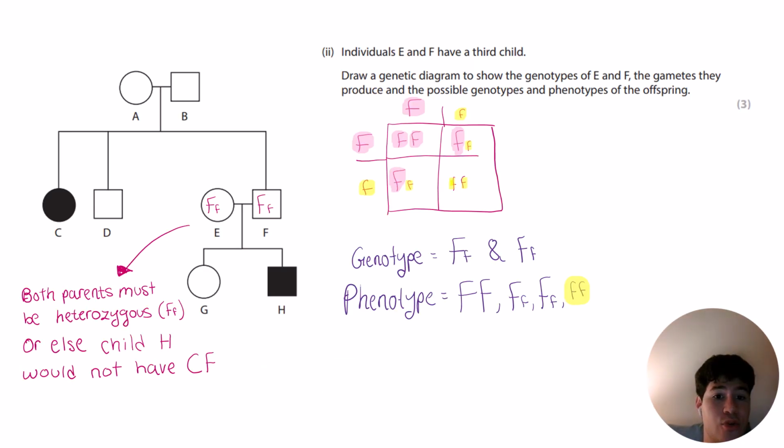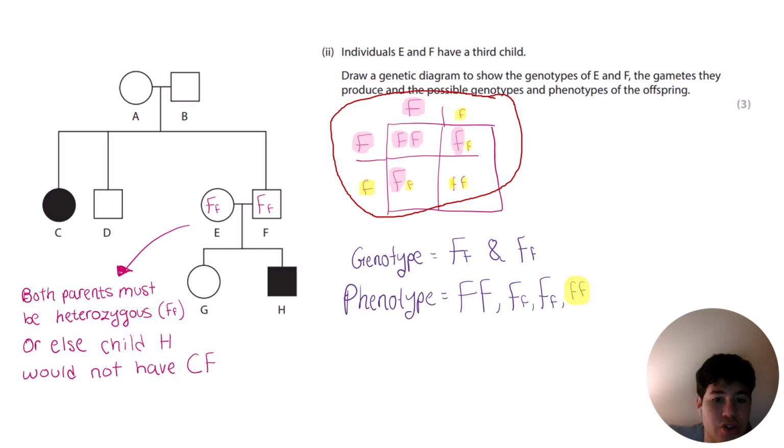Okay, now individuals E and F have a third child. Draw a genetic diagram to show the genotypes of E and F, the gametes they produce, and the possible genotypes and phenotypes of the offspring. This is exactly the same thing that I drew on the previous slide.